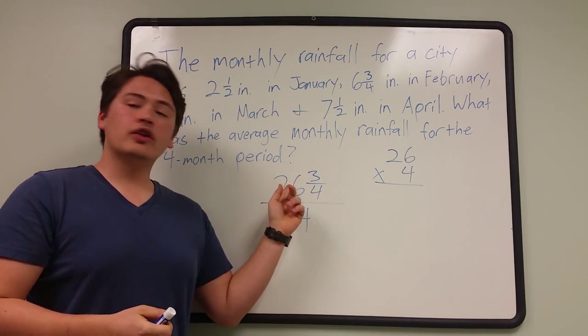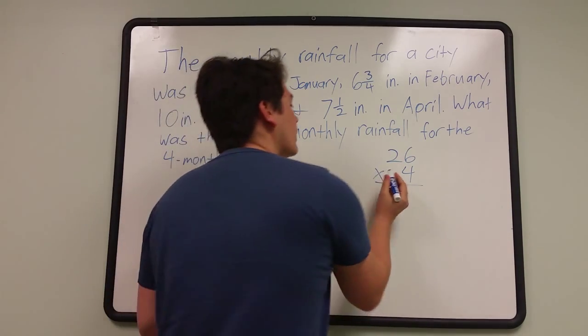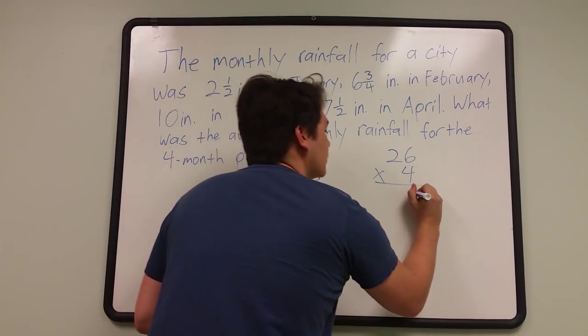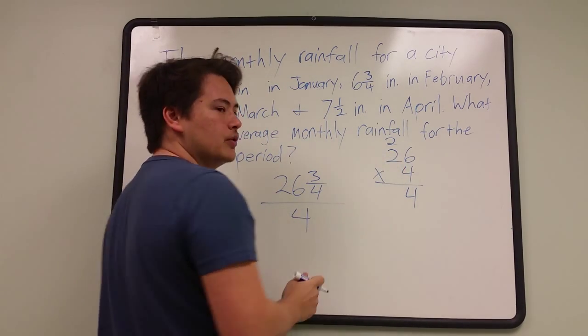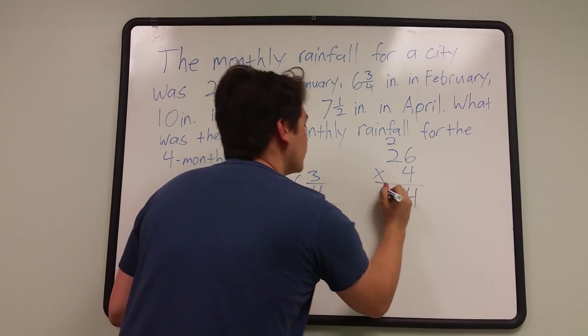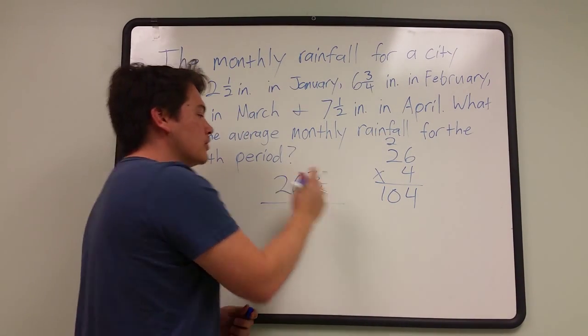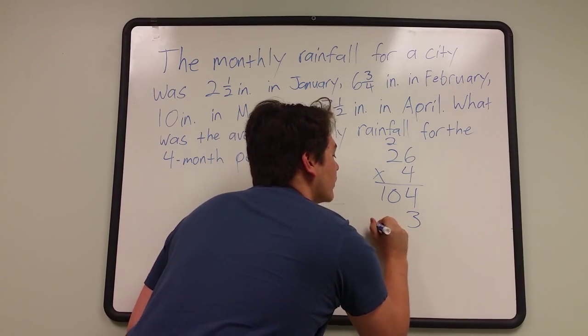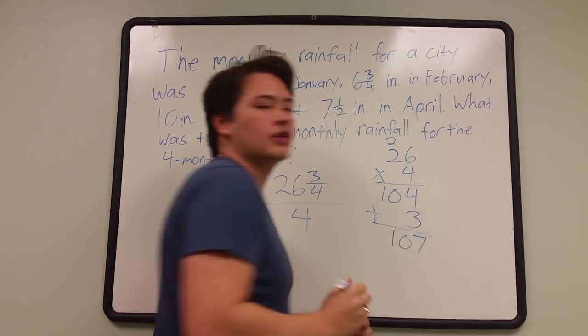So we're multiplying the whole number by the denominator, which is 26 times 4. 4 times 6 gives me 24. Bring down the 4, carry the 2. 4 times 2 gives me 8, plus 2 gives me 104. And then we're going to add the numerator, which is 3. So we're going to add 3 to 104, which is going to give us 107.